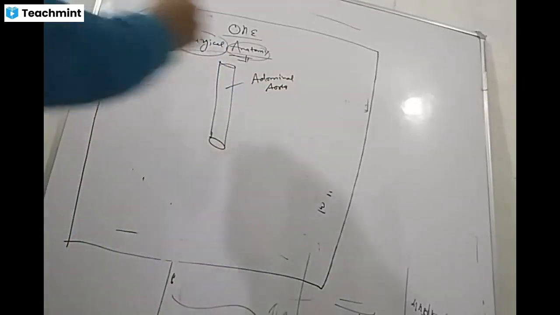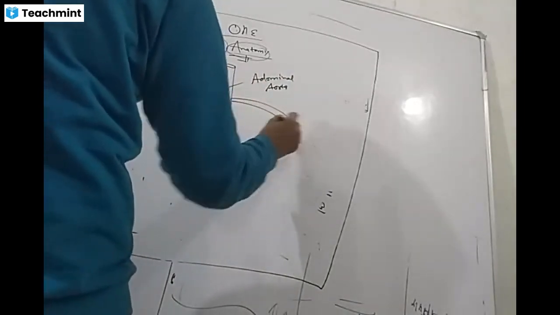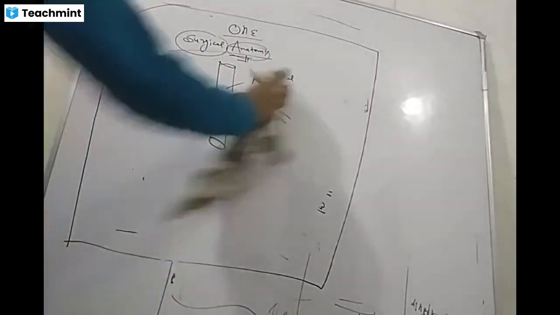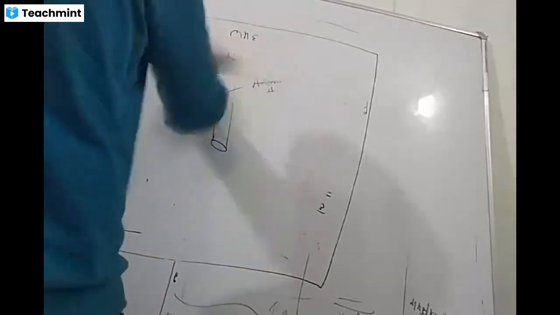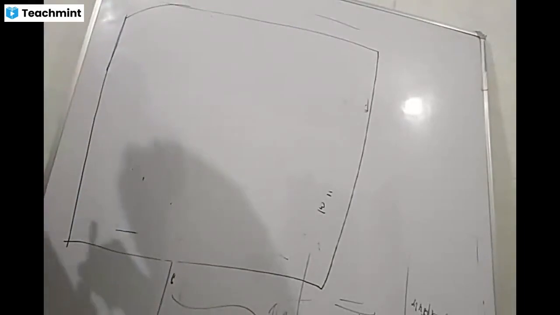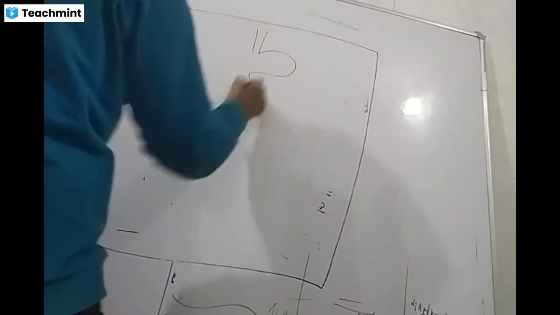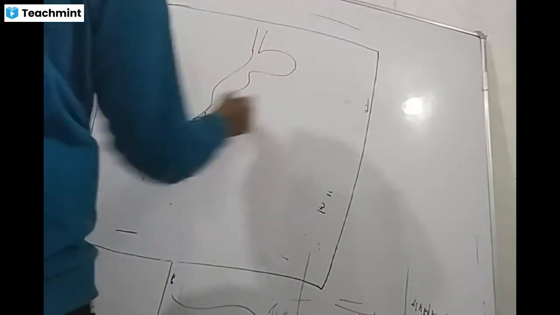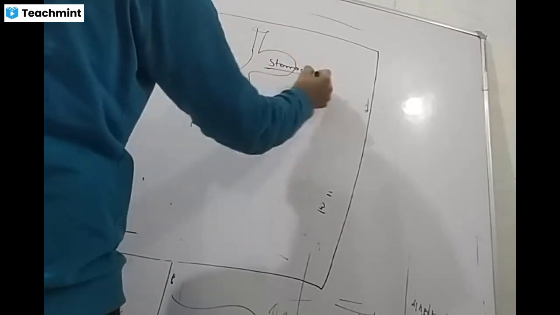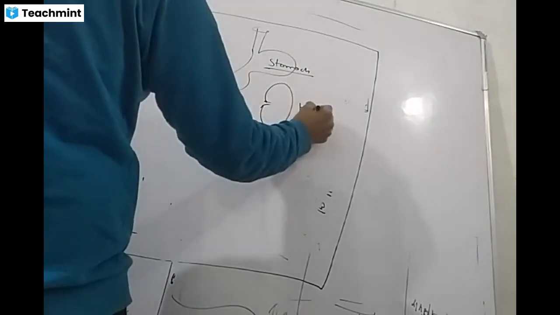In the body of any animal, first we'll see the location of the ovaries. Here is the stomach, and these are the kidneys.